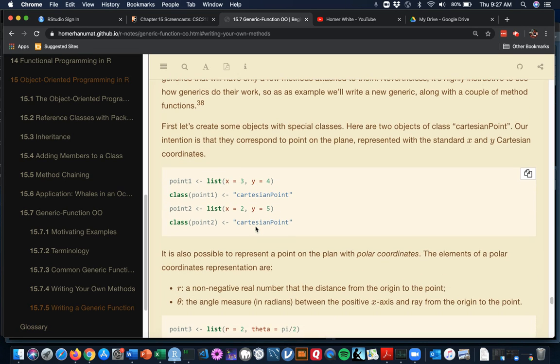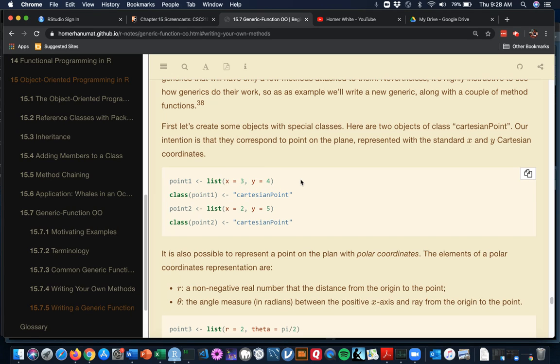So first of all, I want to create some objects that have a particular special class. Here are two objects of class Cartesian point. Point 1 here is just a list with two elements named x and y, and the values are 3 and 4.